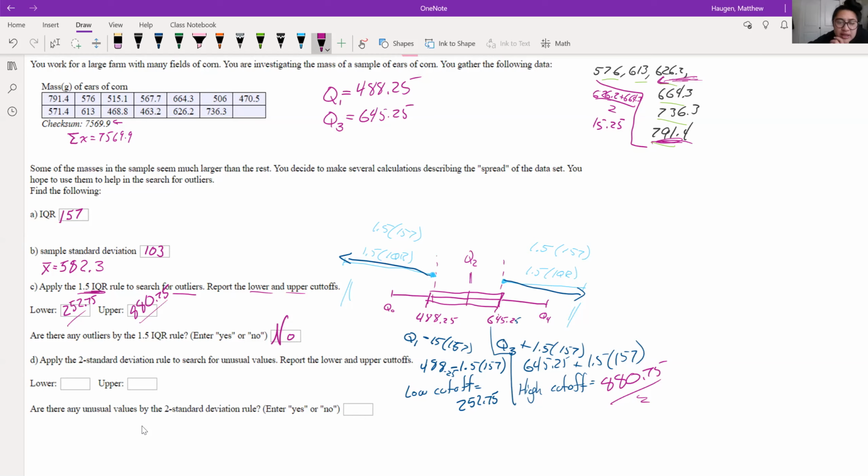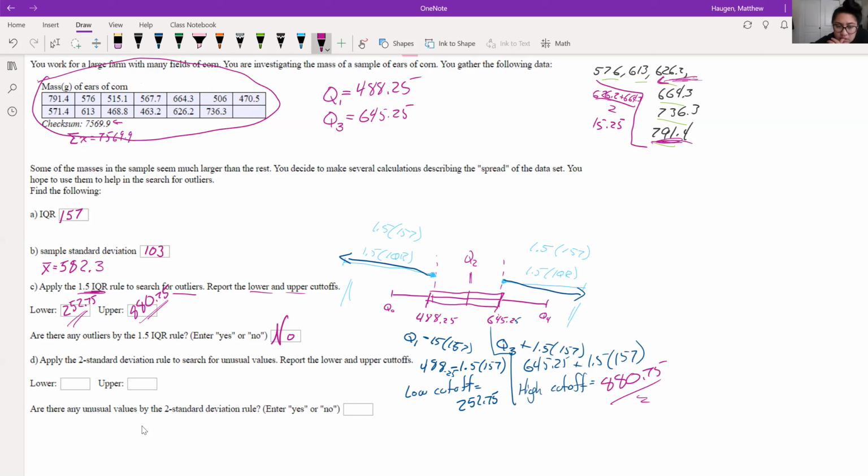Why is it no, if those numbers aren't even within Q1 and Q2? Wouldn't it be an outlier because it's not in there? Well, we're not asking whether these numbers are outliers. We're asking, are any of the numbers in our data set outliers?